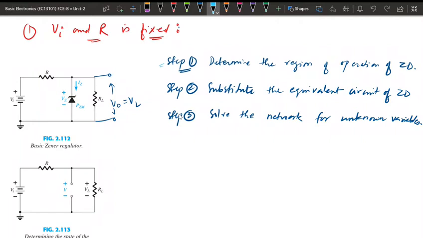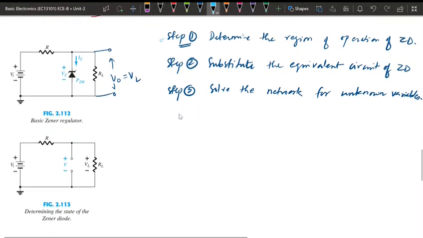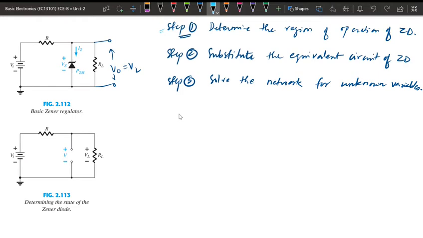To determine the region of operation of a Zener diode, we replace this Zener diode by an open circuit and find the voltage across it. Suppose that voltage is V. We will compare whether this V value is less than, equal to, or greater than Vz, the Zener diode voltage. That will decide in what particular region it is working.